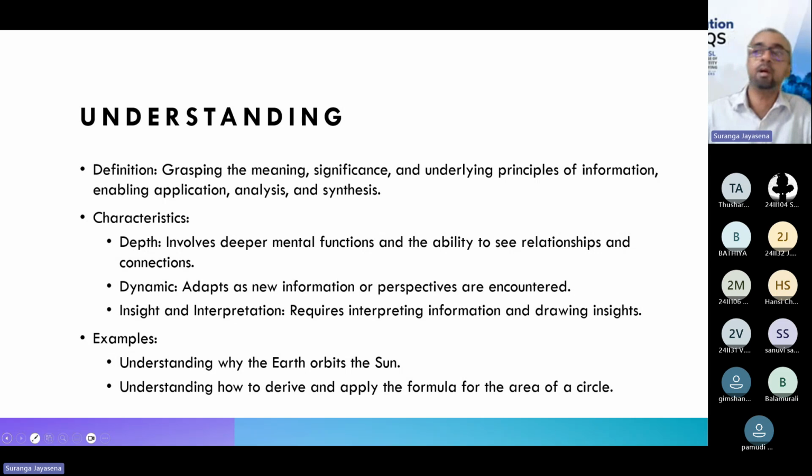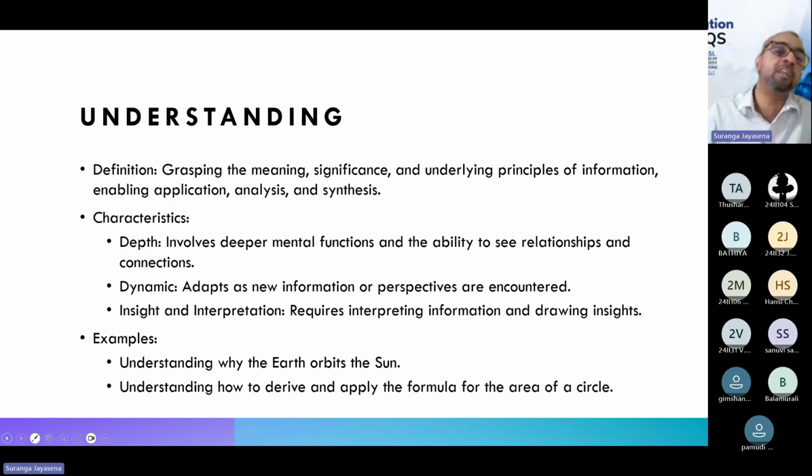Right, so that is how you create your understanding, like in these examples given, why the Earth orbits the sun, why it goes around the sun. We know that it goes around the sun. That is the knowledge that we have received. Is it? Well, the sun is going around us. Think about it, right?